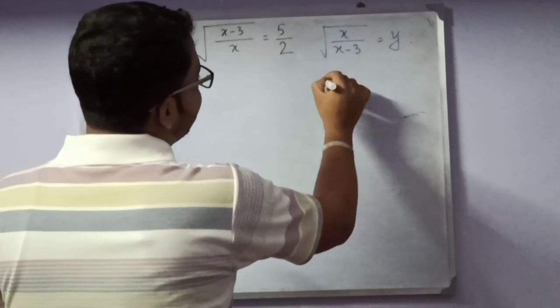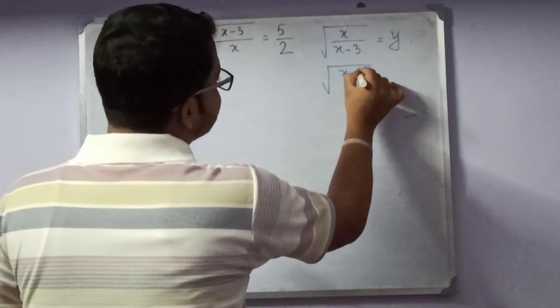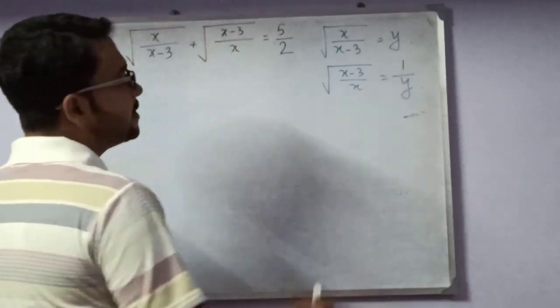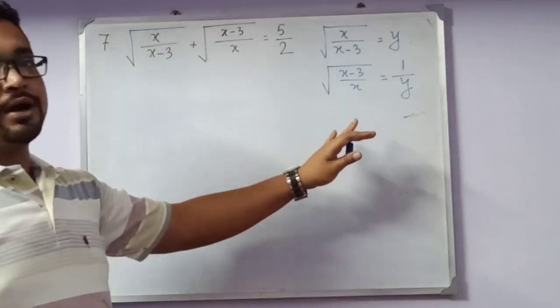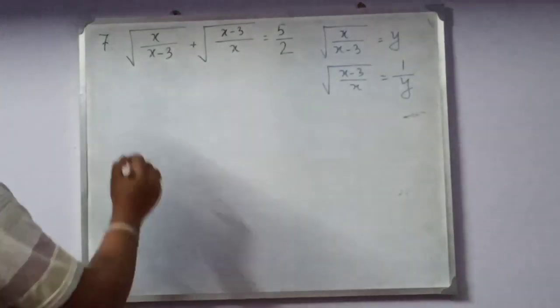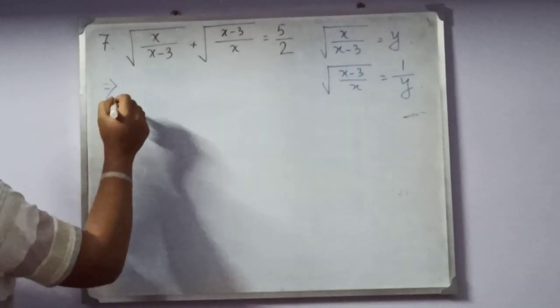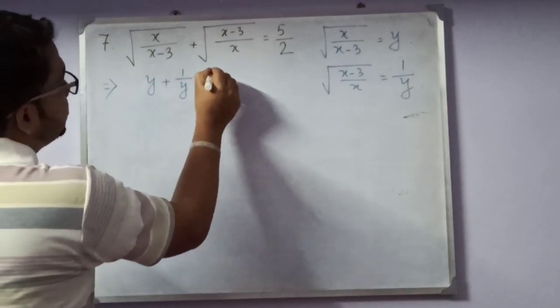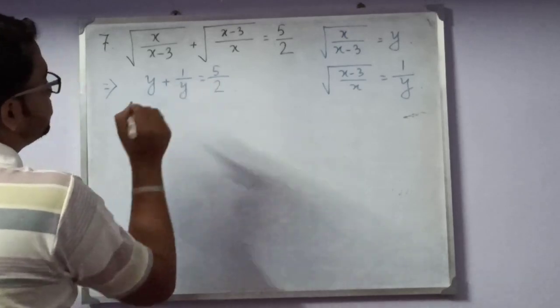So we can write root of x minus 3 by x is equal to 1 upon y. I hope you understood it and you can easily solve this problem. So put here y plus 1 upon y is equal to 5 upon 2.